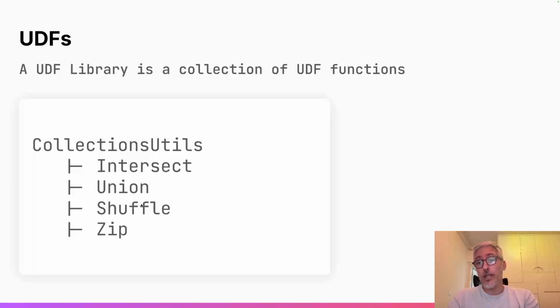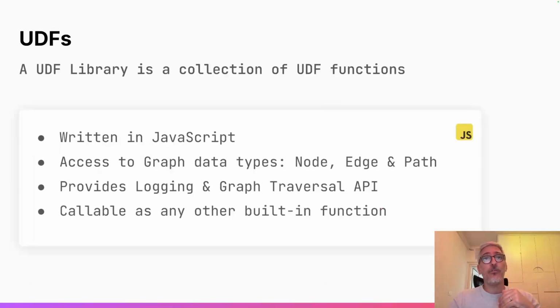Last thing to mention about UDFs: UDFs can call one another. So all of the UDF functions are visible to one another. And within FalkorDB, you can manage multiple graphs all under the same database. And so UDFs are not imported at the graph level.